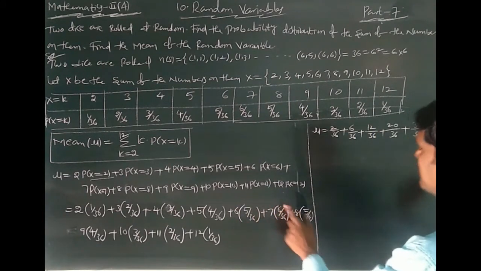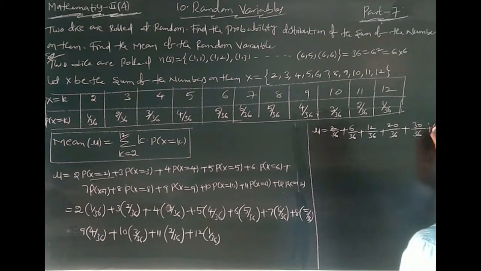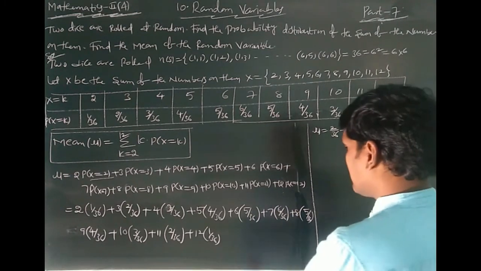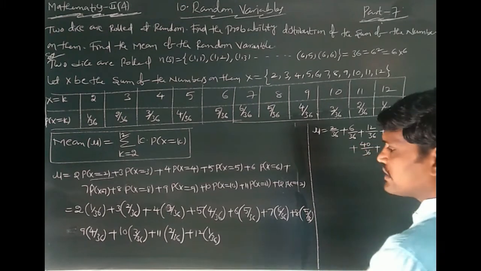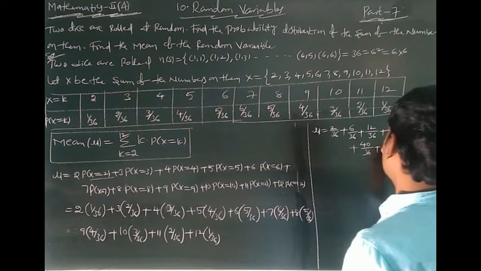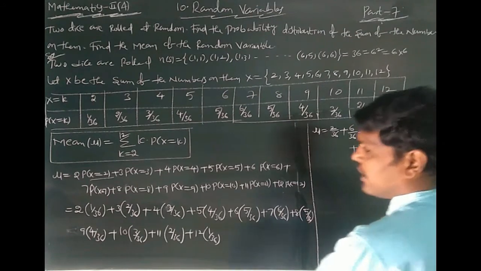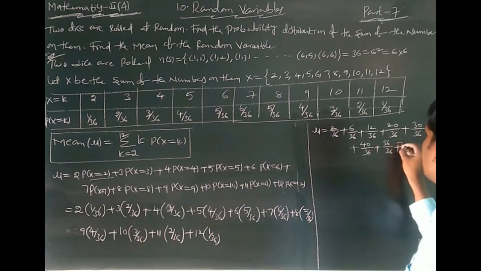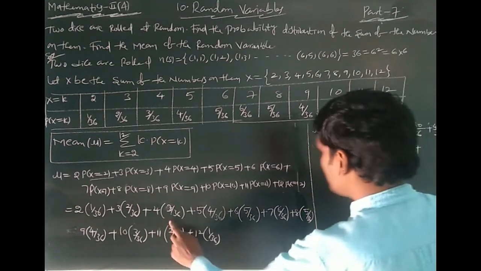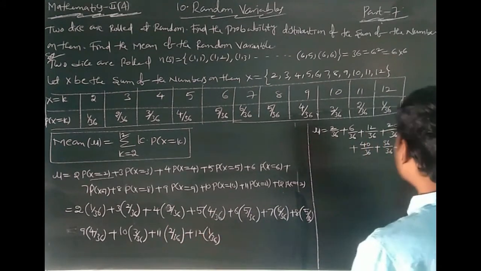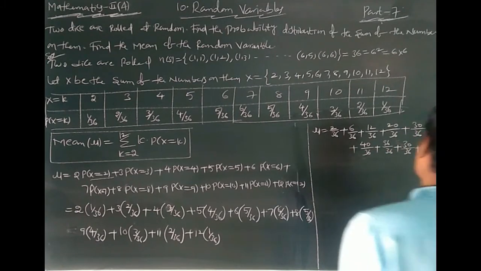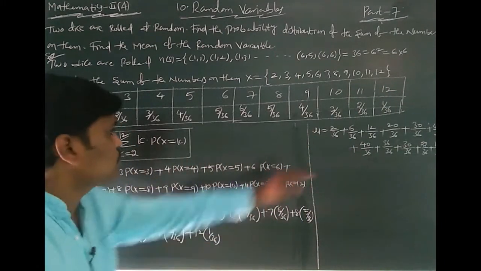Understood or not? 7 6s are 42 by 36 plus 8 5s are 40 by 36 plus 9 4s are 36 by 36 plus 10 3s are 30 by 36. Next 11 2s are 22 by 36 plus 12 ones are 12 by 36. Multiply all these values, you get this.